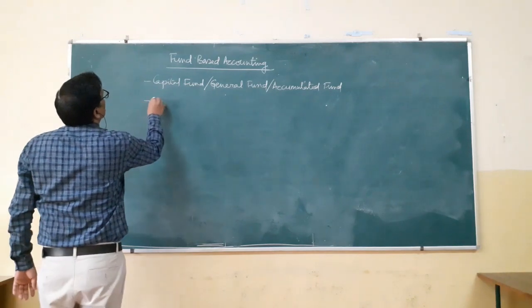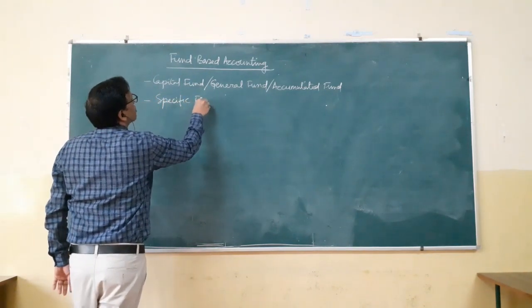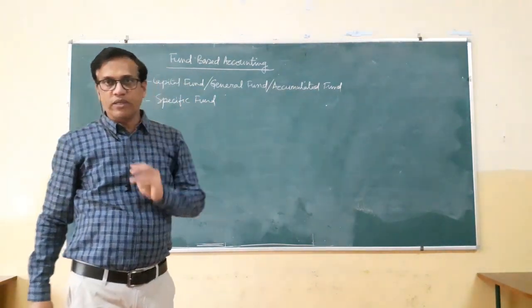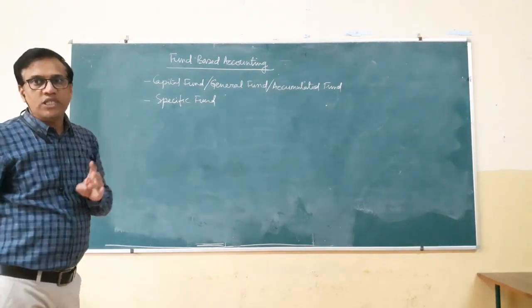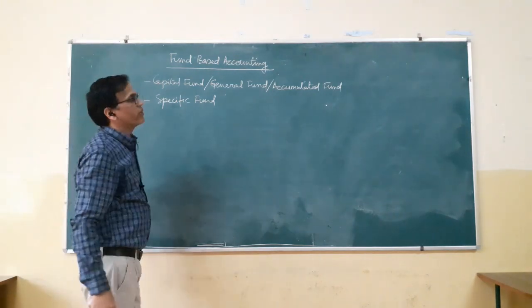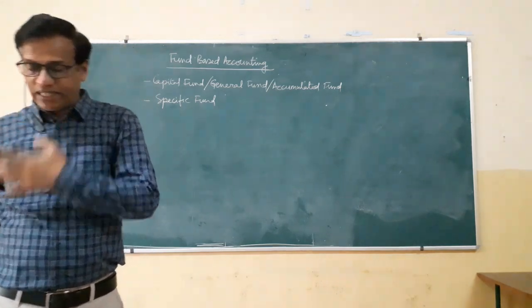Then we have another part, that is specific fund. As we have seen in the balance sheet also, we have number one, sports fund, building fund, pavilion fund, tournament fund, match fund, prize fund, environment fund, these are all specific funds. These specific funds can be of various types.